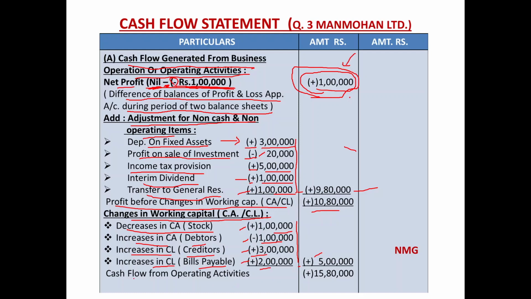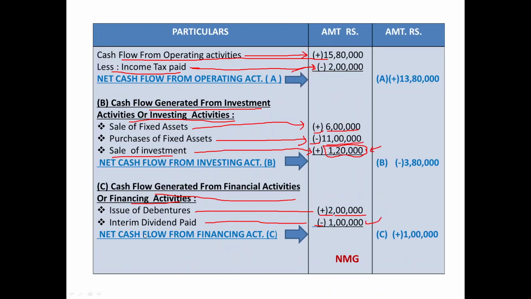That gives the final answer. Cash flow from operating activities plus 15 lakh 80,000. Earlier it was 10 lakh 80,000. We added this reporting of changes in CA and CL, plus 5 lakh. That gives the answer plus 15 lakh 80,000. Minus that pending line item, income tax payment. 15 lakh 80,000 less income tax paid rupees 2 lakh.